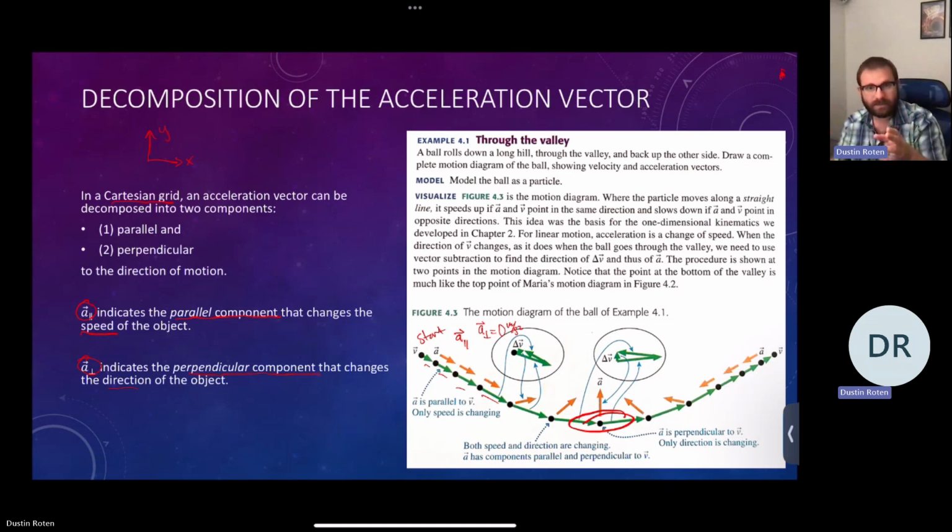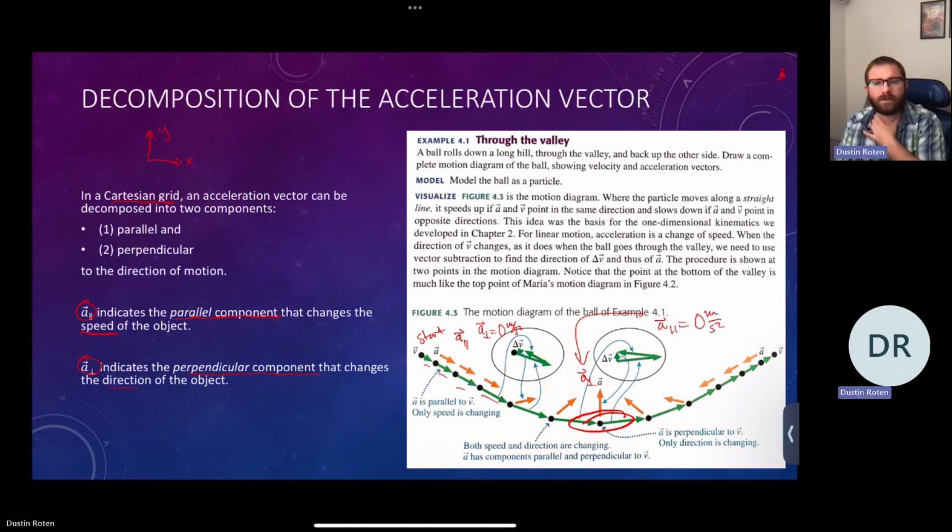So for this one step, the only piece of the acceleration is perpendicular. The only acceleration that we're getting is a change in direction. So this here is our perpendicular piece, and also down here, we have no speeding up or slowing down.